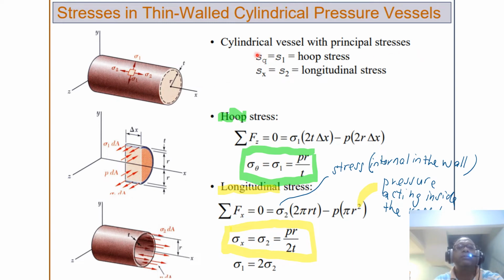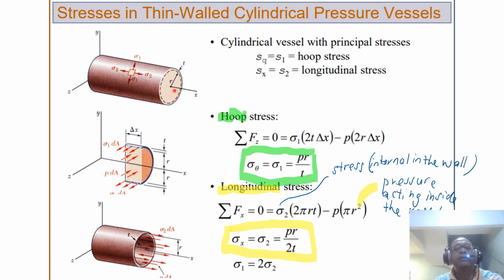One is called the hoop stress, i.e. the stress along the circumference, and the other is called the longitudinal stress, which is along the length or the axis of the vessel.